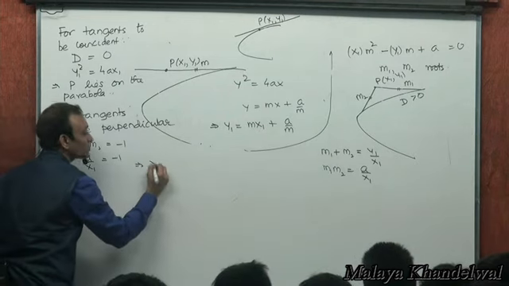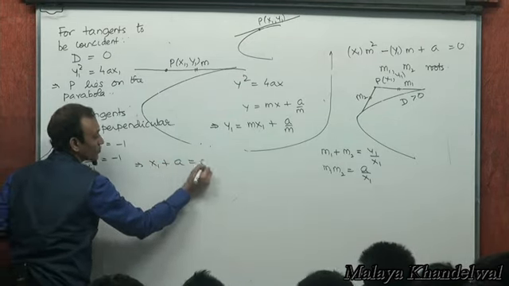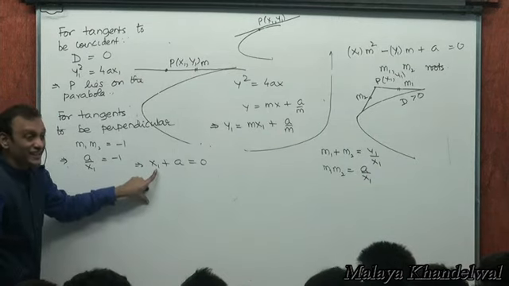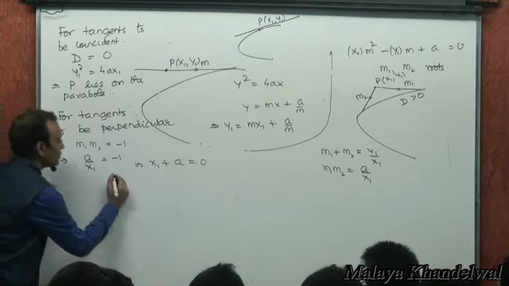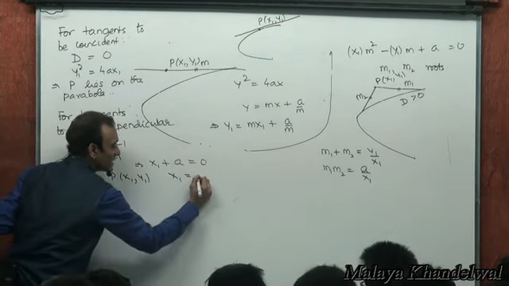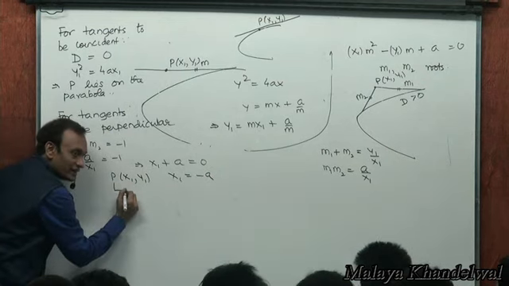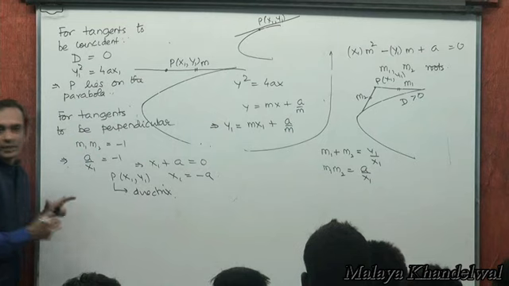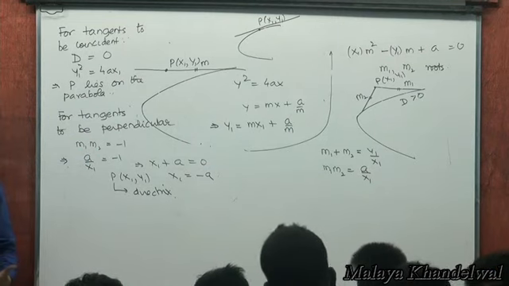That means x1 plus a must be 0. That means x1, y1 must lie on the directrix. If for the point P x1, y1, x1 is minus a, then P must lie on the directrix, yes or no? P must lie on the directrix of the parabola. Does it not mean this?